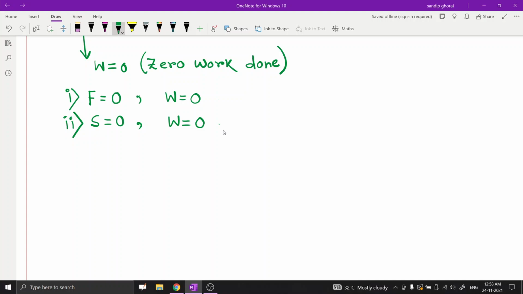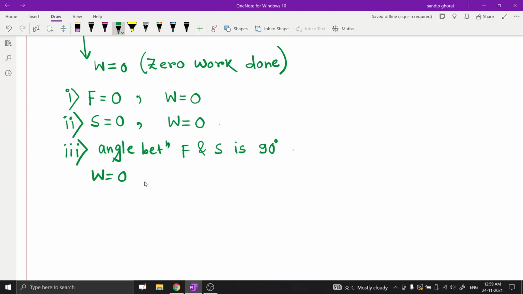Now the last condition is when the angle between force and displacement is 90 degrees. Here also we get W is equal to 0.